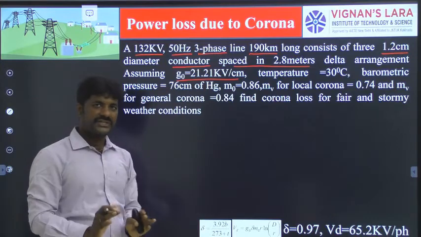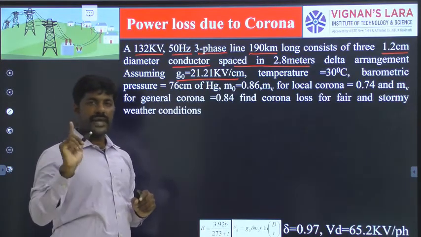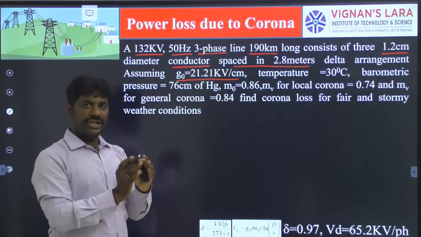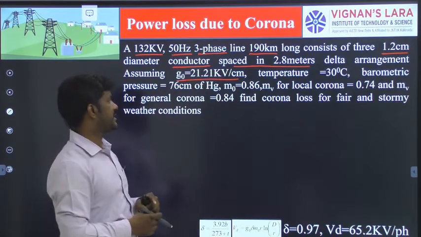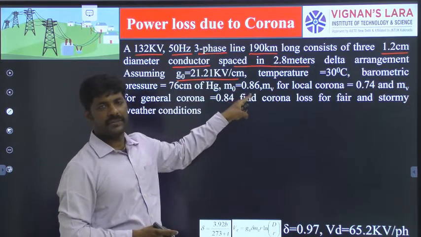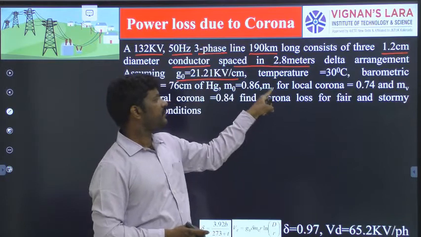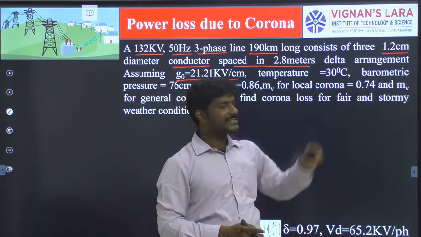Of course, pressure is at the standard value, but temperature is not. Thereby, we have to calculate delta separately, which will be included in our G naught to get G naught dash, as per our previous discussion. The irregularity factor for disruptive critical voltage should be taken as 0.86, and the irregularity factor for visual corona, that is local corona, is 0.74.